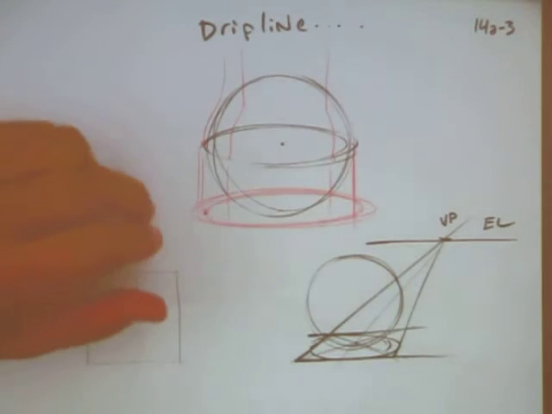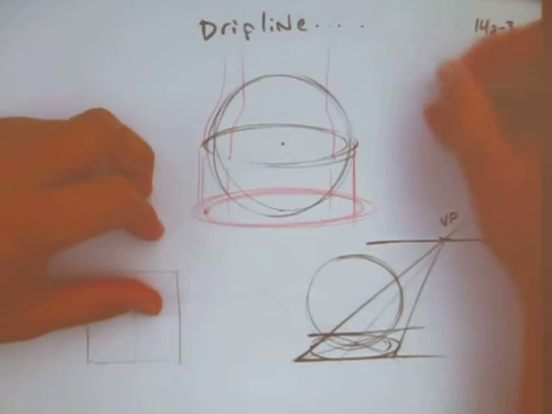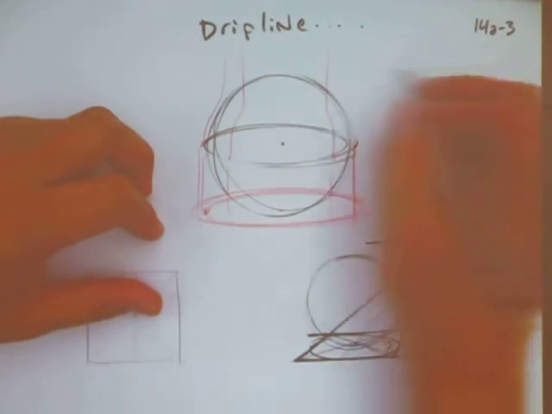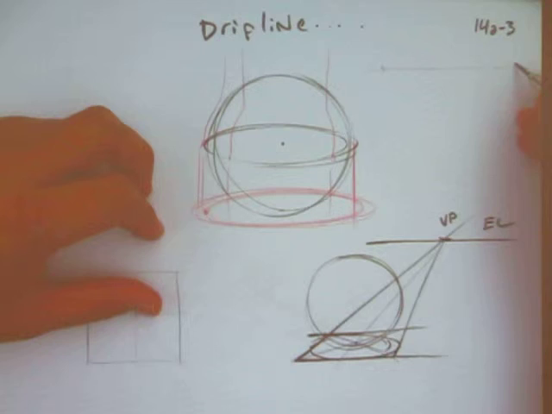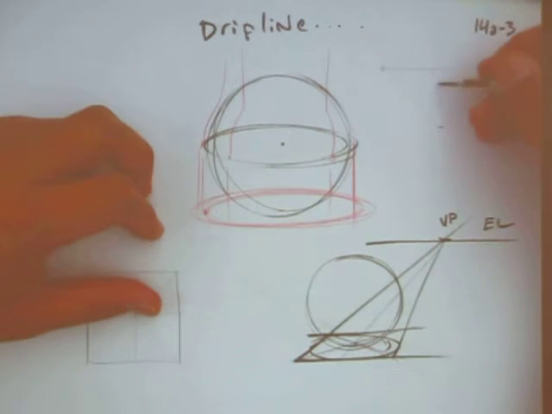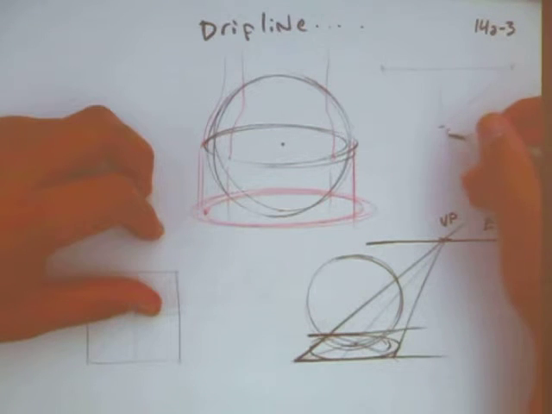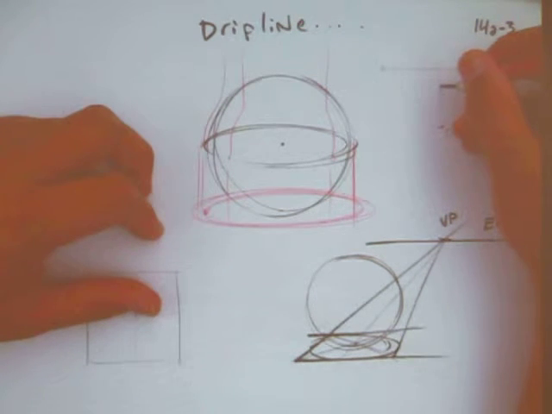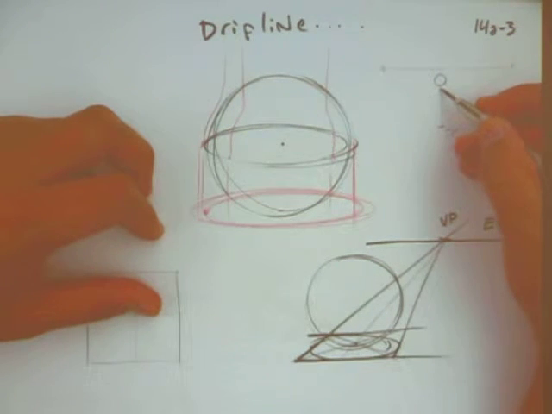Okay? So if you're doing some fancy drawing, say you decide that here is your sphere mechanical and all this, and this is your station point. I want you to put your sphere here. Okay, right smack on the line of vision.